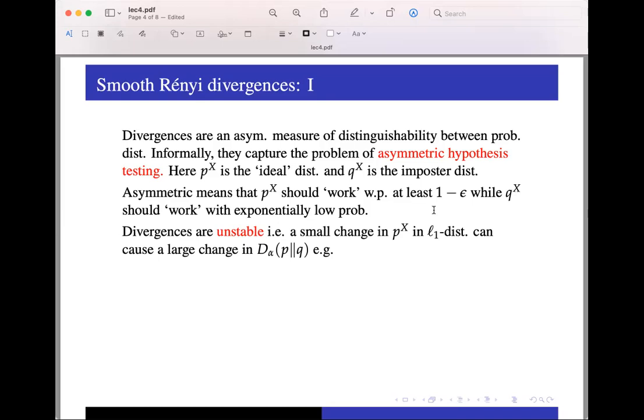The threshold for P is 1 minus epsilon, just a constant close to 1, whereas the threshold for Q is not epsilon, it's not a small constant, it's something which is exponentially small. That is why I'm using the adjective asymmetric. Informally, this is the paradigm of asymmetric hypothesis testing. The ideal distribution should work with probability 1 minus epsilon. The impostor distribution should work with exponentially low probability.